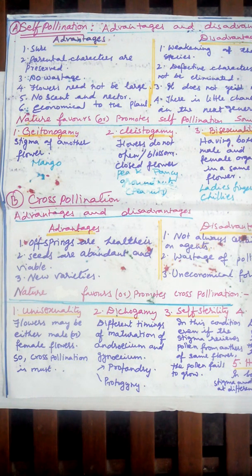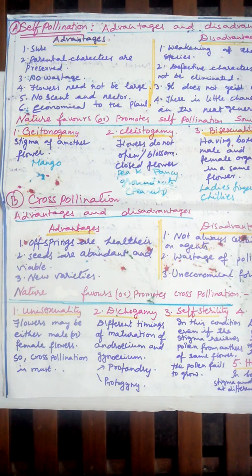That is called protogyny. Proto means first, so protandry is androecium maturing earlier. Protogyny means gynoecium maturing early. Got it? Proto means first and gyne means female. Is that clear? Examples: custard apple, peepal, etc.